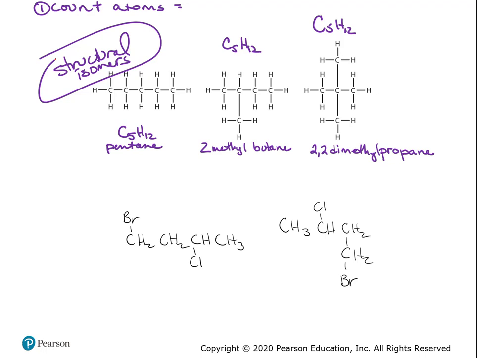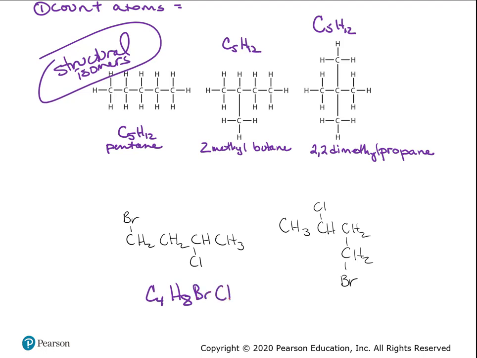How many carbons? C4. How many hydrogens? 2, 4, 5, 6, 7, 8. And then I've also got a bromine and a chlorine.